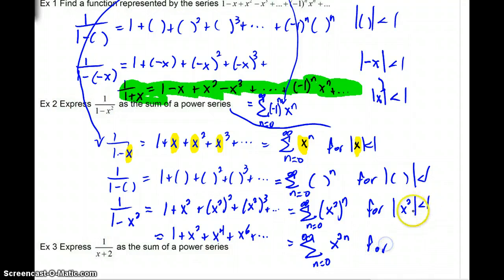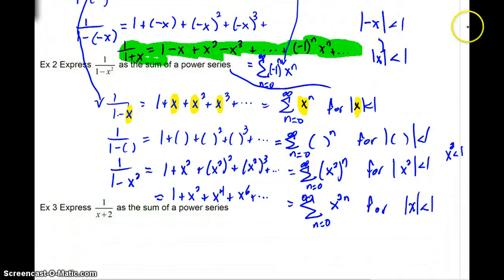Now, by the way, x squared less than 1, we've talked about this for some of the power series also. Technically, this would lead us to x squared less than 1. X squared's non-negative. We don't even need to keep it in absolute value. This will go for x between -1 and +1, we have seen. That's actually even equivalent to writing that the absolute value of x is less than 1.